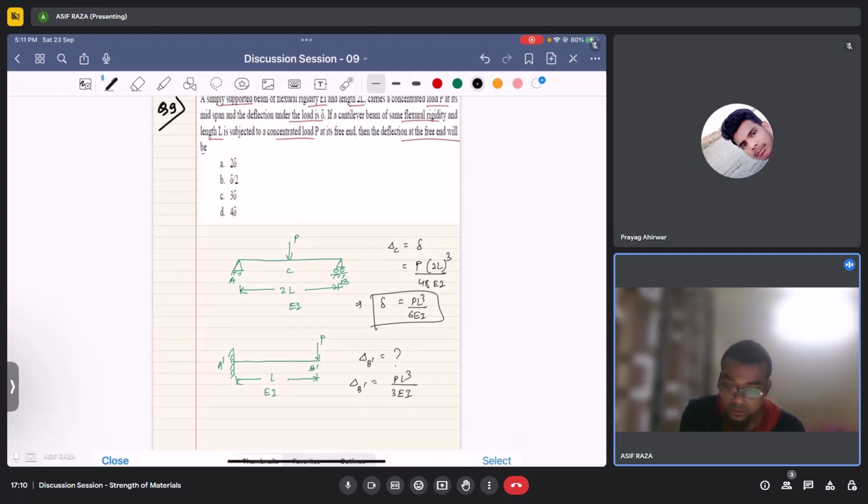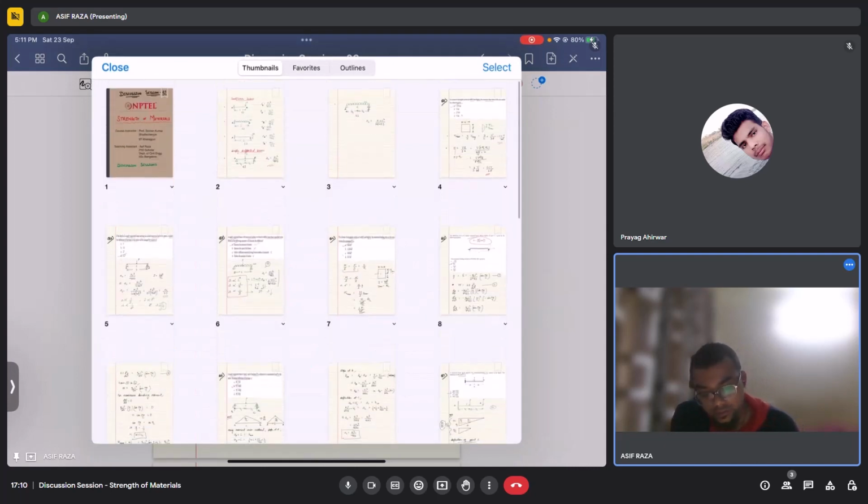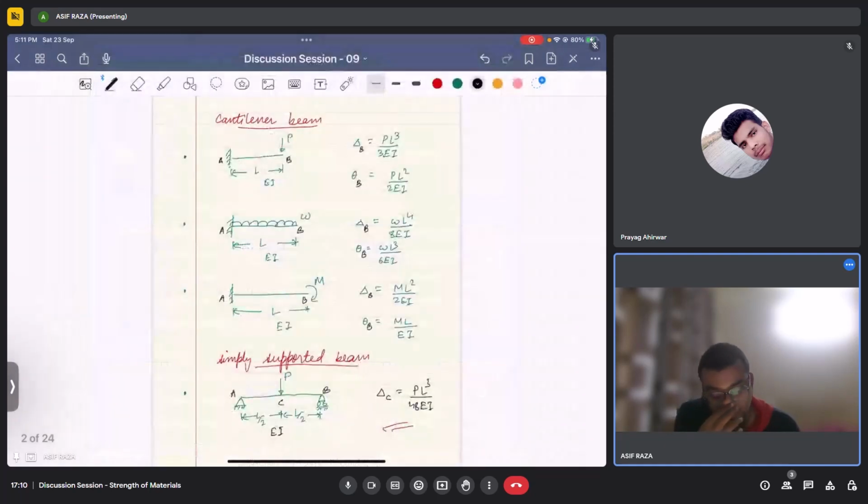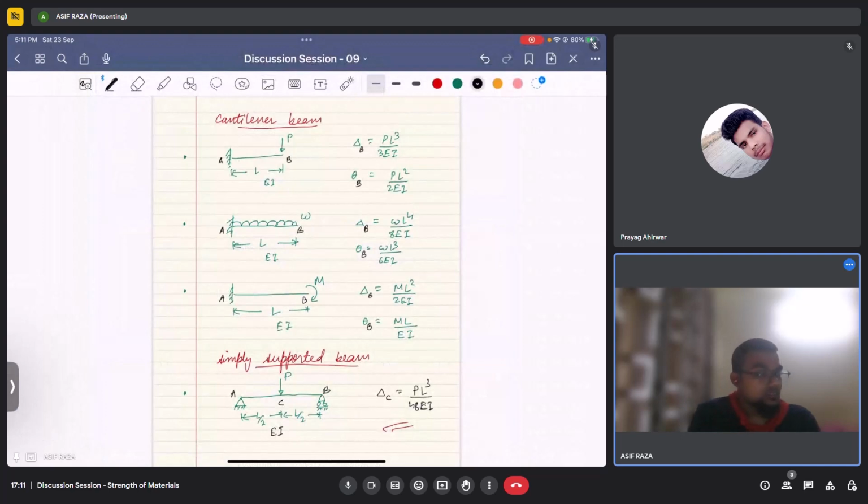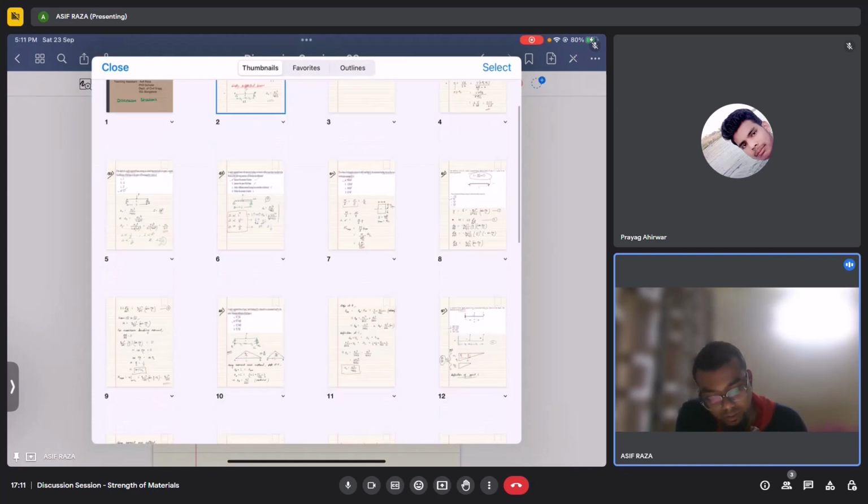If I show you, I showed you earlier, for the deflection of a cantilever beam when the concentrated load is applied at the free end, with span length L and EI as flexural rigidity, the deflection comes out to be PL cube by 3EI. So we will use this relation now.